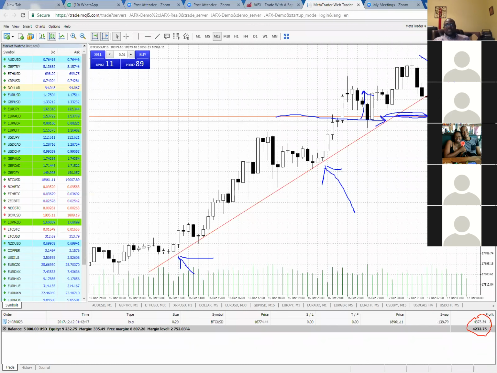But it did bounce because the price always remembers the same price zone on the way up. If this continues to fall, we're going to see some tug of war in this area right here to match with this area here.